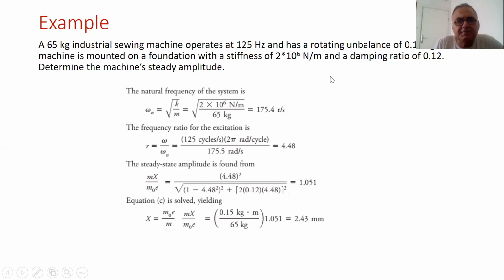Now the frequency of excitation is 125 hertz, but we have to convert hertz to radians per second first by multiplying by 2 pi. So the omega is 125 times 2 pi, and the R value, the frequency ratio, is omega over omega n, so it becomes 4.48, which is a high number.